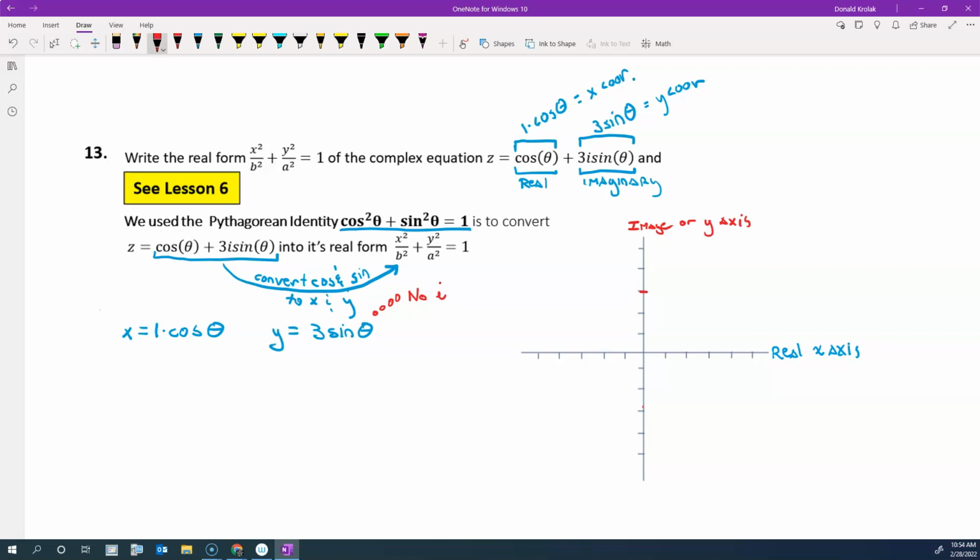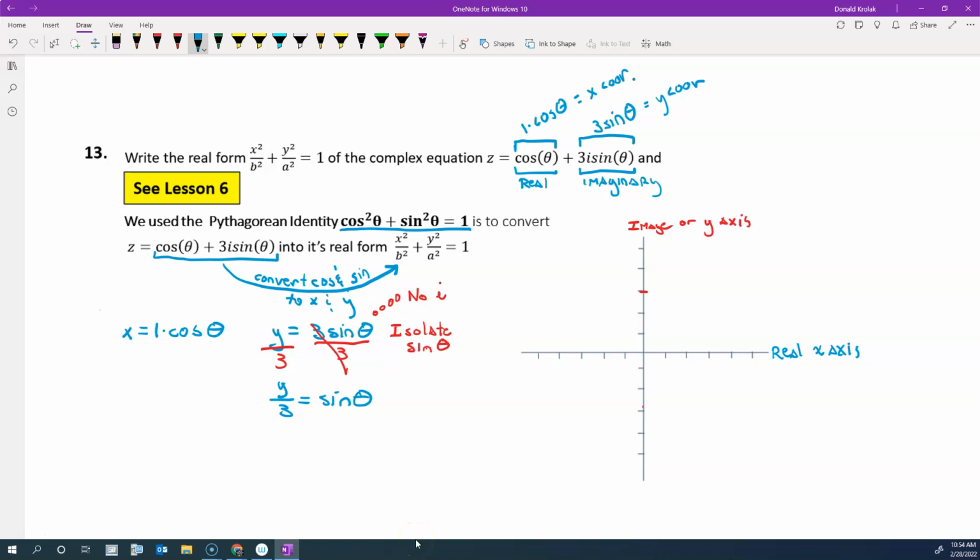Now what you're going to do is solve each one of these for cosine and sine. This one, you're going to isolate sine. To do that, I'm going to divide both sides by 3, and I get y divided by 3 equals sine.